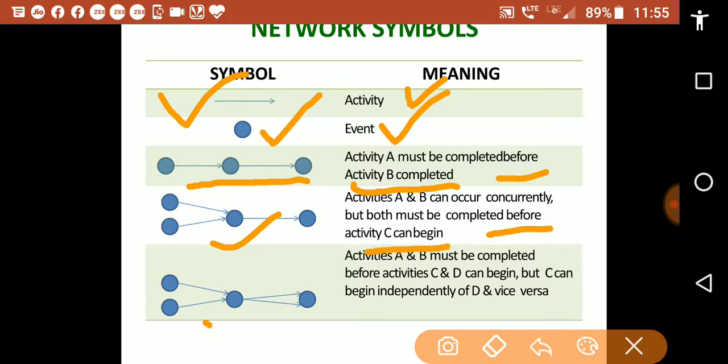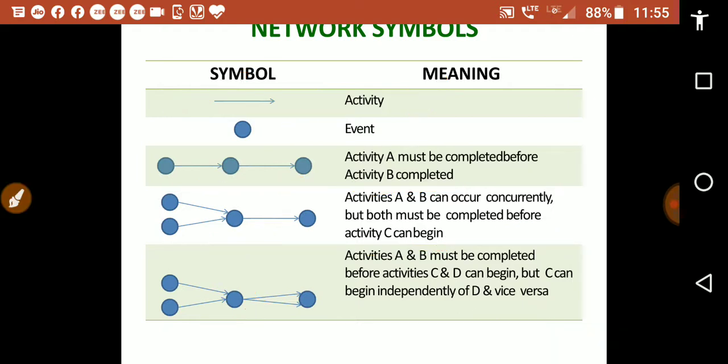Next, activities A and B must be completed before activities C and D can begin, but activity C can begin independently of activity D and vice versa. So these are the symbols of a network.